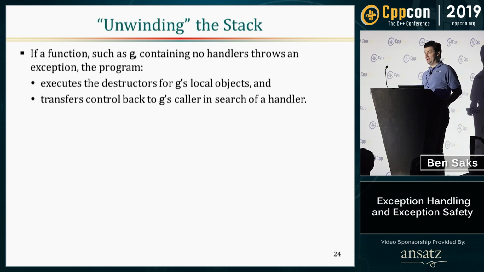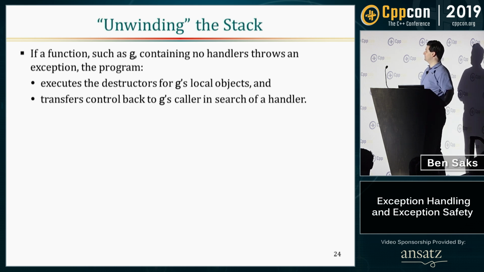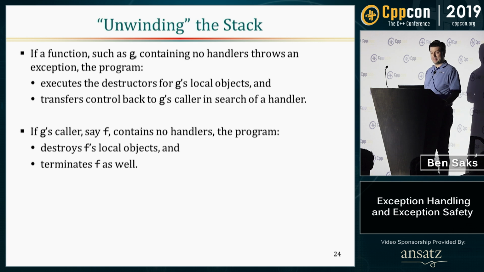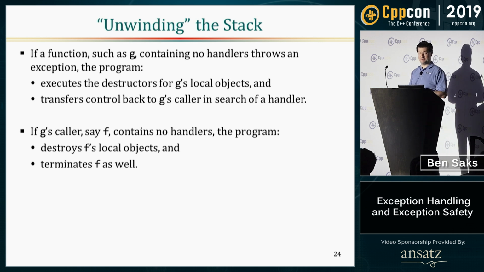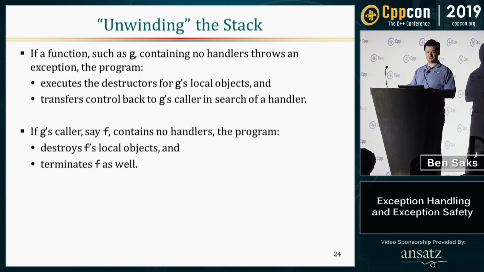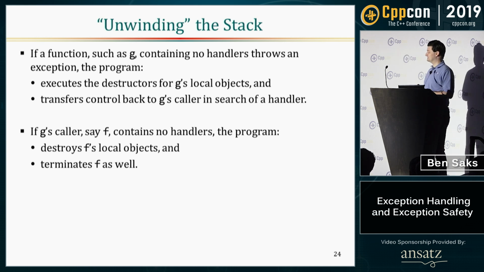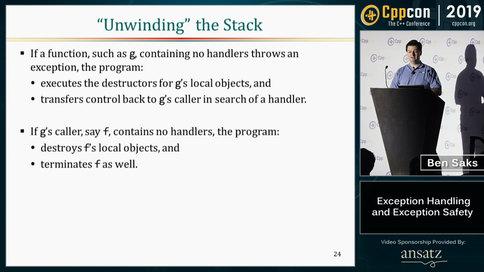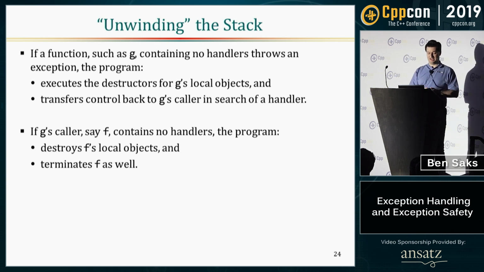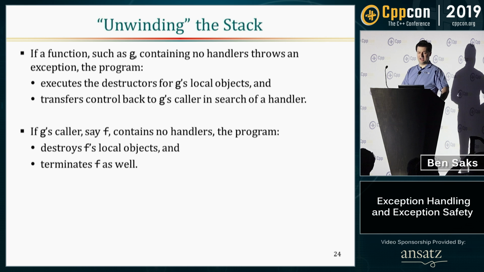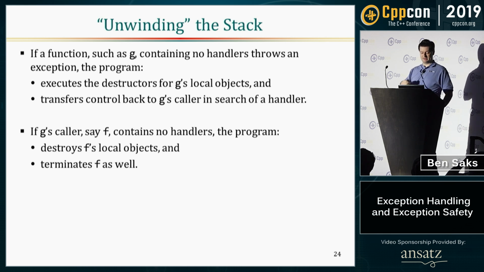It transfers control back to G's caller, F in this case, looking for something that can handle the exception. In this case, F doesn't have any handlers either, so the process repeats. We destroy any local objects inside of F, and then we search back up the call stack once again, going to F's caller, looking for something that can handle the exception.